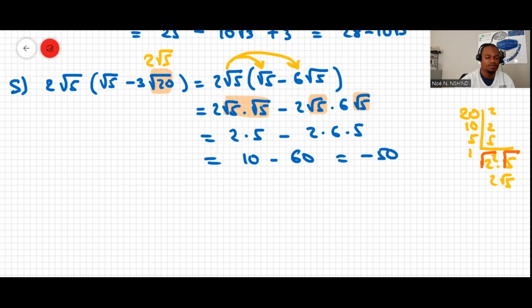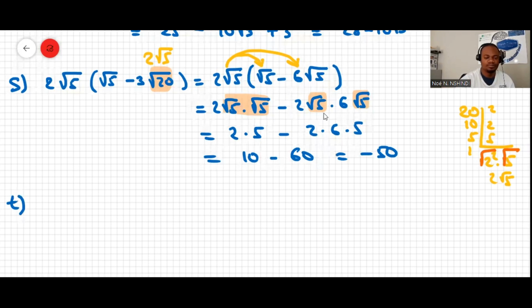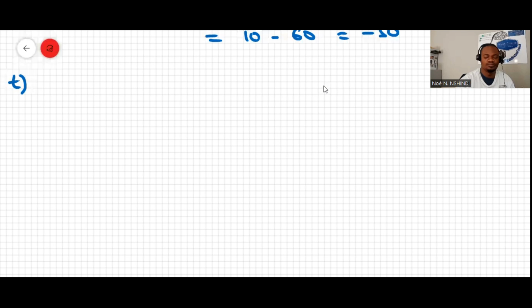Okay, and then we can do question T. Well, question T is given by root 5 plus 2 root 3 to the power of 2 minus root 5 minus 2 root 3 to the power of 2.